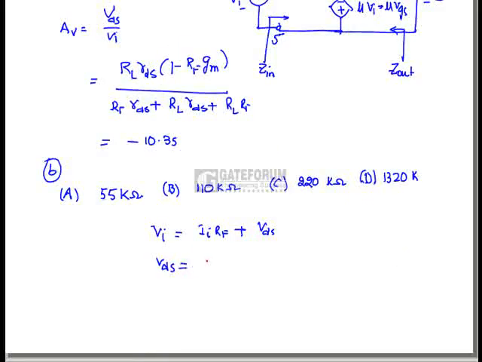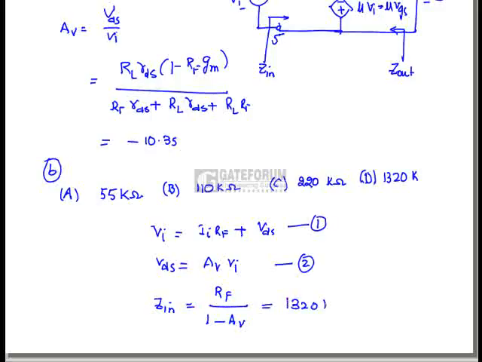VDS equals AV into Vi, which is the voltage gain we calculated in part A. Now if we substitute equation 2 in equation 1, we will get Z in as RF by 1 minus AV. After substituting the data given, we get 1320 kilo ohms, which is option D is true.